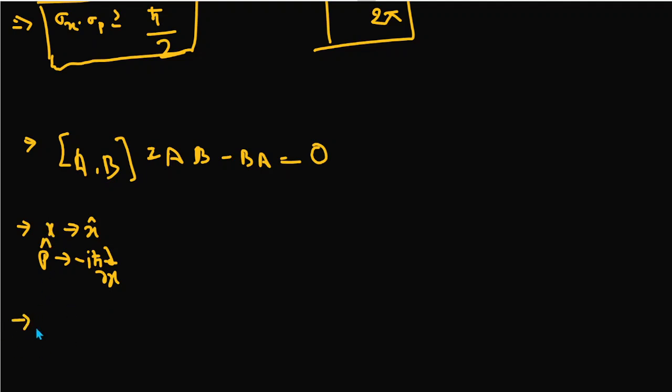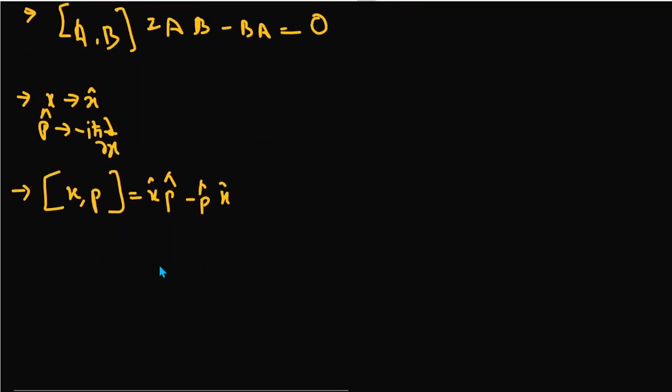The commutation relationship, let's see, x, p. Now apply the x operator, p operator, then subtract it with applying the momentum operator to the position operator. So let's see what will happen. You will be amazed.